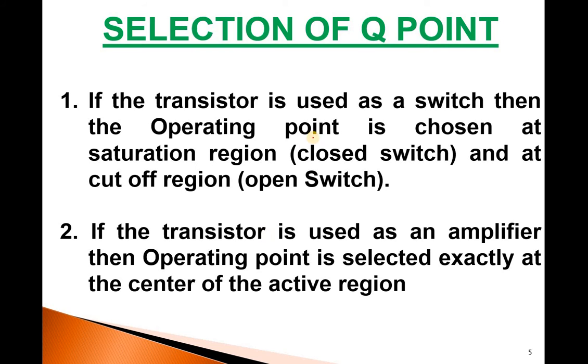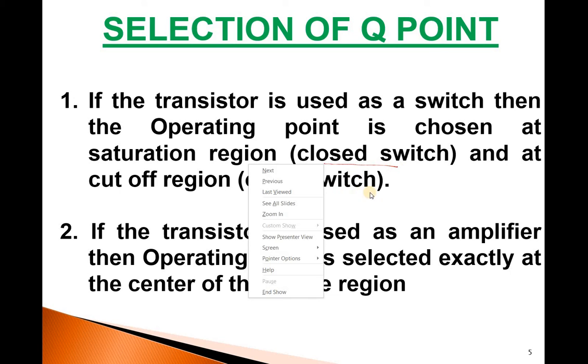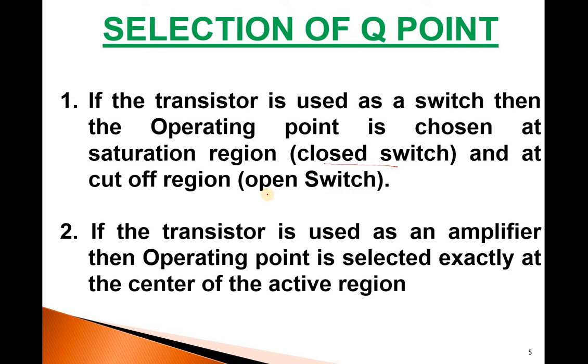So why do we need to select a Q point? This is mainly because, as you know very well, a transistor can act as a switch, gate, amplifier, oscillator and so on. To operate it as a digital device, it has to be between cutoff region and saturation region. That means the Q point should be between closed switch and open switch.